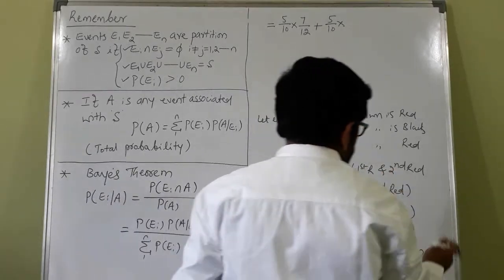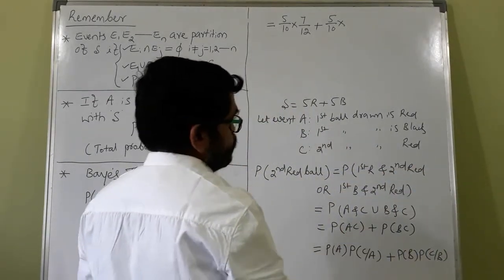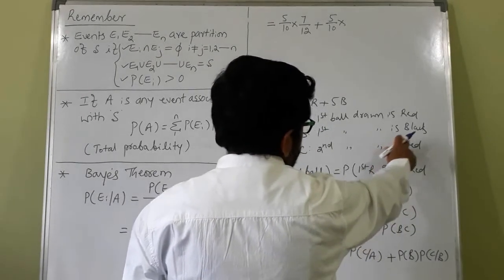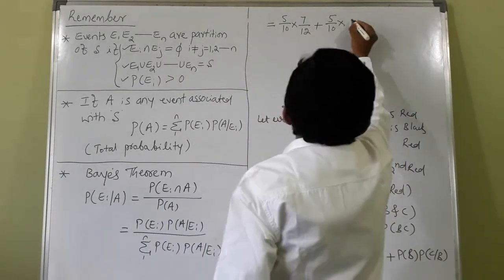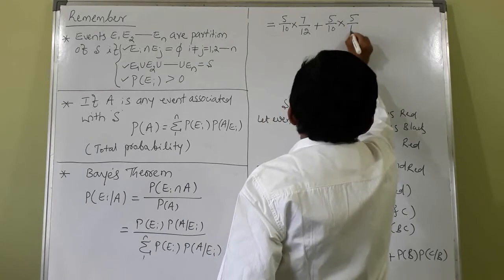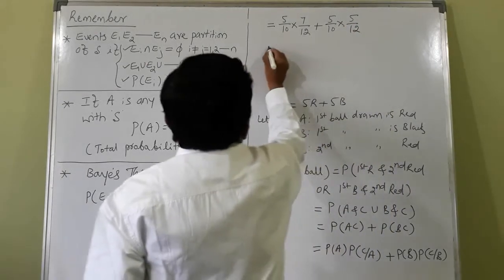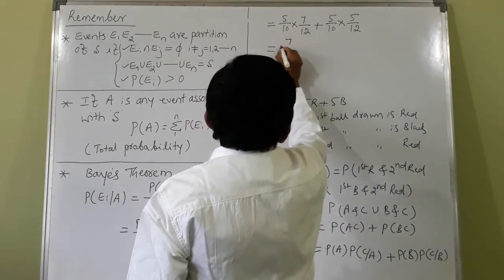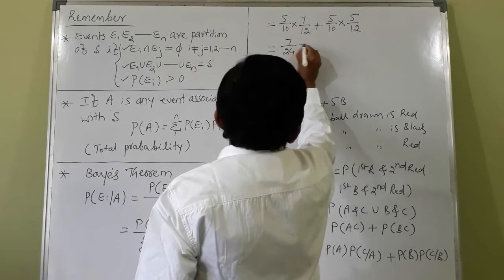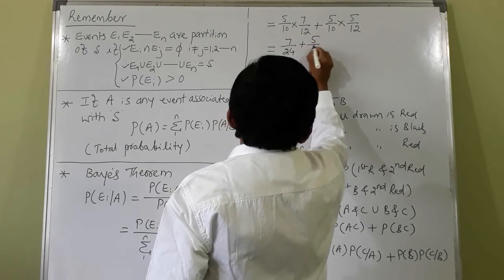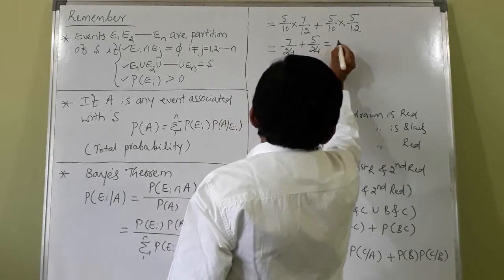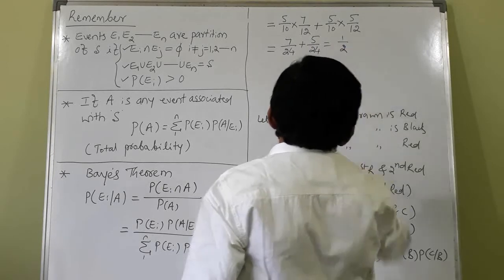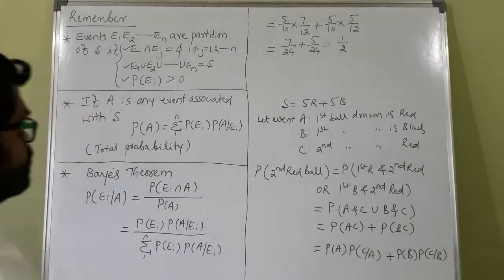That means you are going to add 2 black balls, which will not at all affect the number of red balls. So this remains the same, 5 divided by 12. That is 1 by 2, into 7 by 24 plus 5 by 24, or 12 by 24, is half. Okay, this is the required probability.